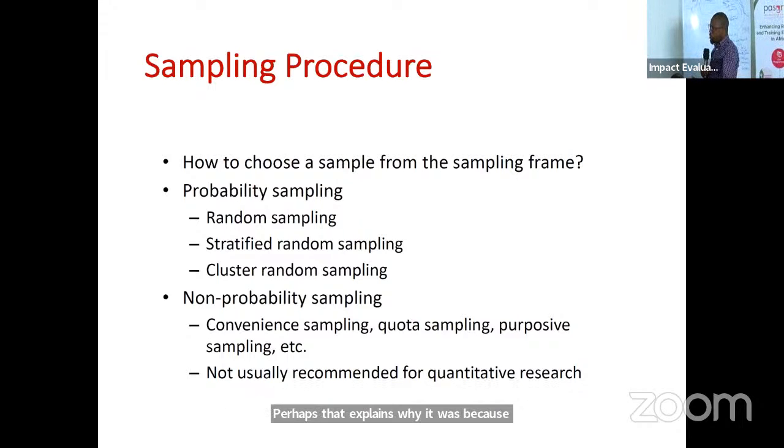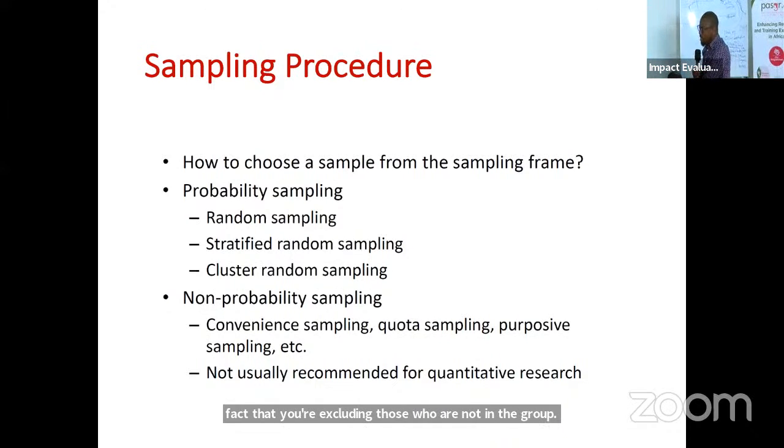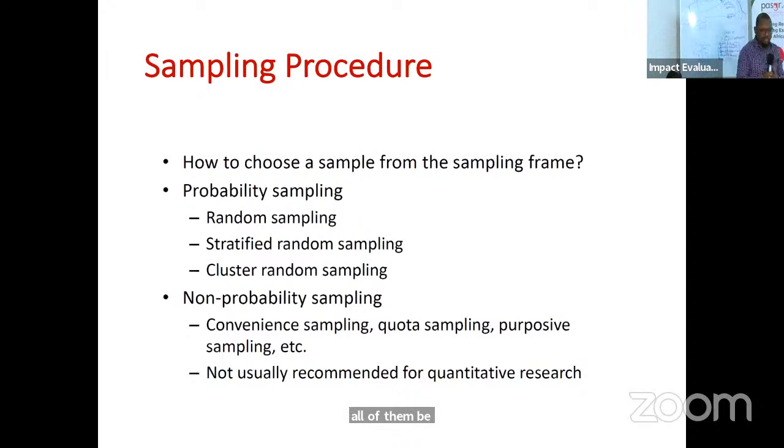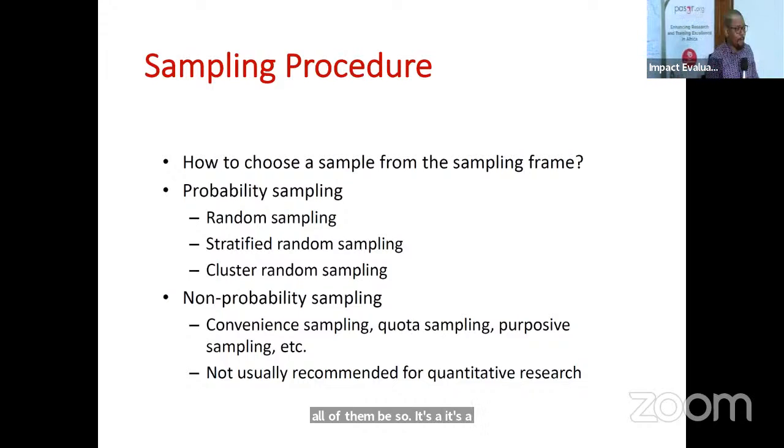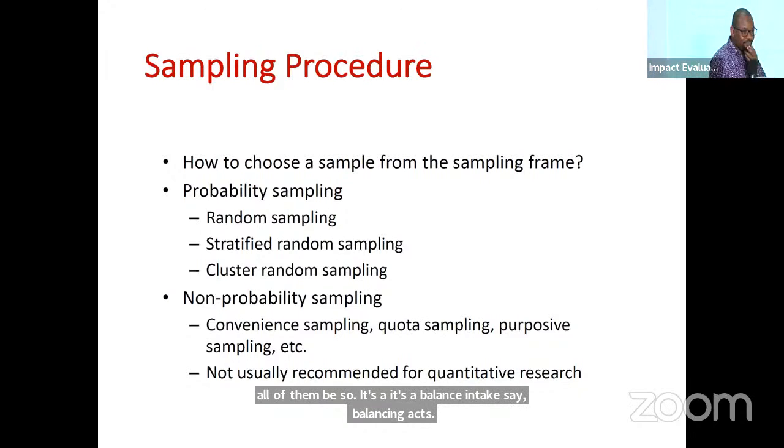If you're able to acknowledge and indicate how you went around to mitigate potential pitfalls, that explains why. But it still doesn't take away the fact that you're excluding those who are not in the group. But even then, if everyone was in the group, not all of them would be surveyed anyway. So it's a balancing act. It's a give and take.